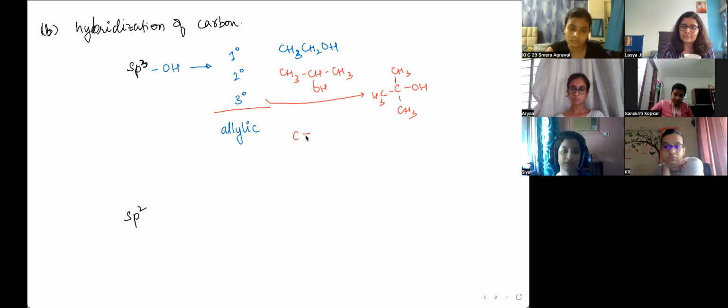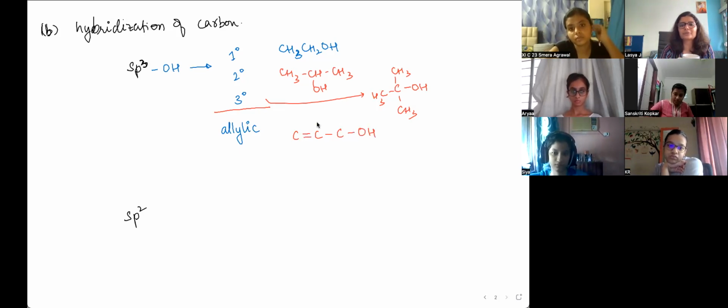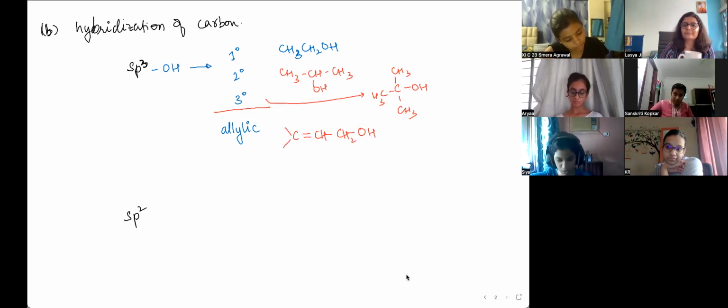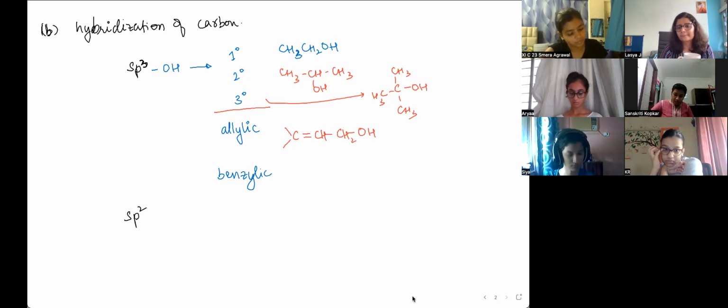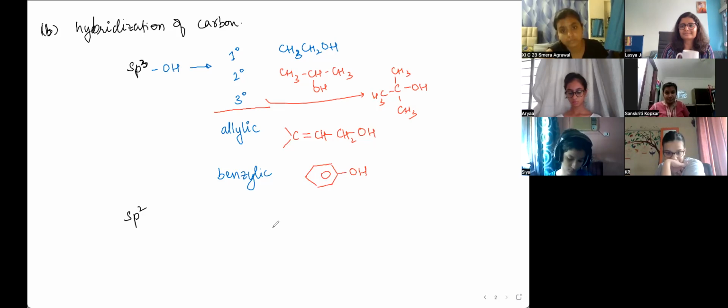Correct. So double bond and then carbon and then here. So this is an example of allylic. Apart from that, we have benzylic. So benzylic means we have a benzene ring. This is benzylic.